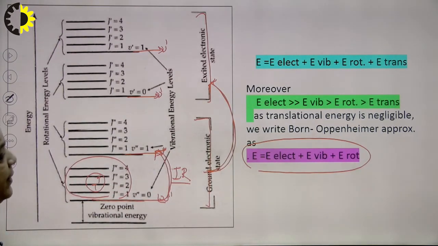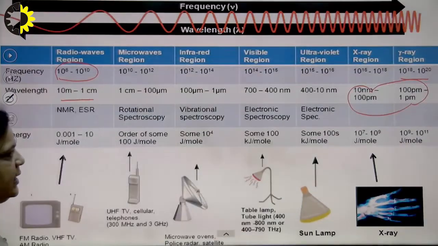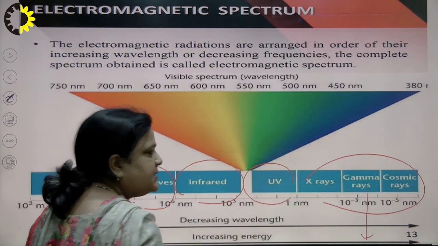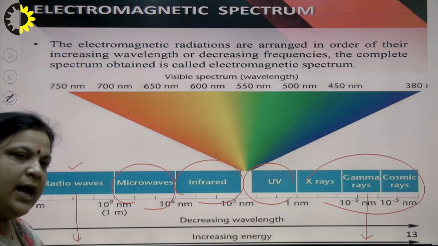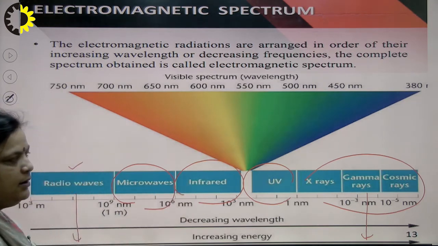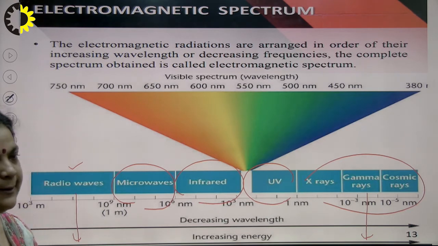Now, third is the transition between states, that is, ground state to higher energy state. Here comparatively large amount of energy is required. If we compare these three, UV visible has the highest energy as compared to the other two. It means for electronic transition we irradiate with UV visible spectroscopy.